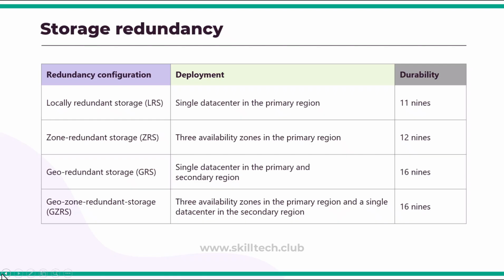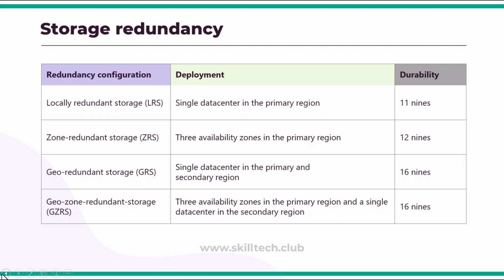Now, at the right side of this, we have a durability which is mentioned here, which is very similar to high availability in terms of virtual machines. When it says 11 nines, it's going to be 99.999 and so on, a total of 11 nines. That is the durability you are getting from LRS.